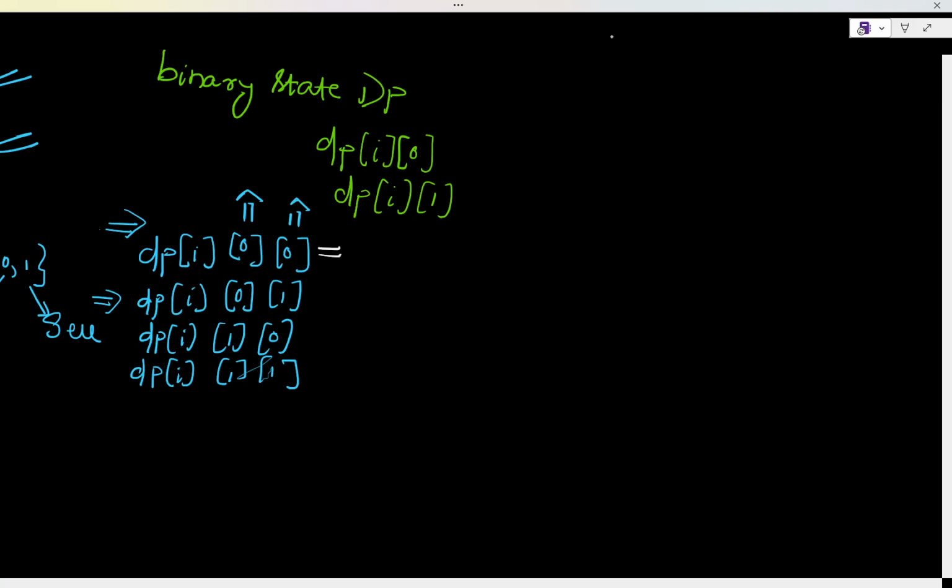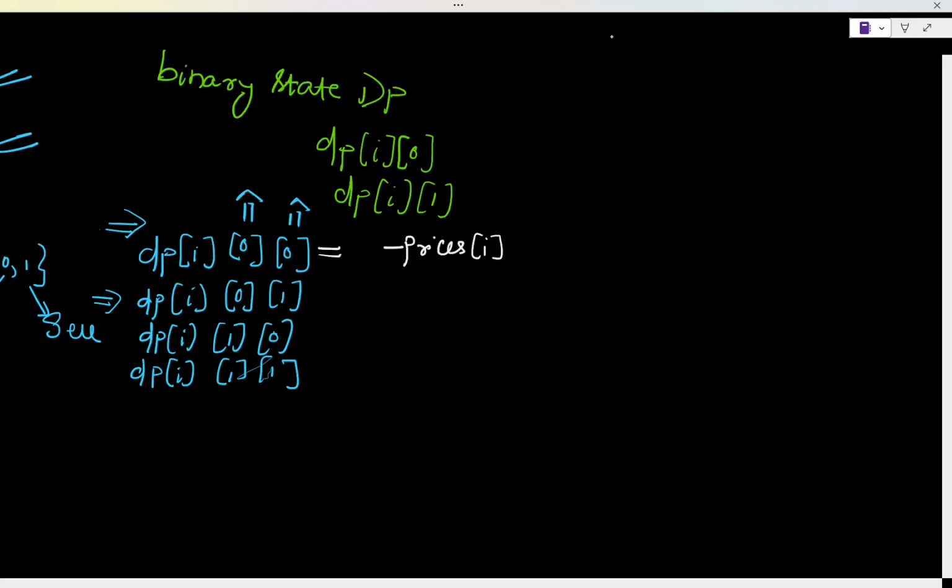It will go negative, because I am spending something, and there is no transaction done before. So it will be negative of prices of I, because this is the first transaction and it is a buy.